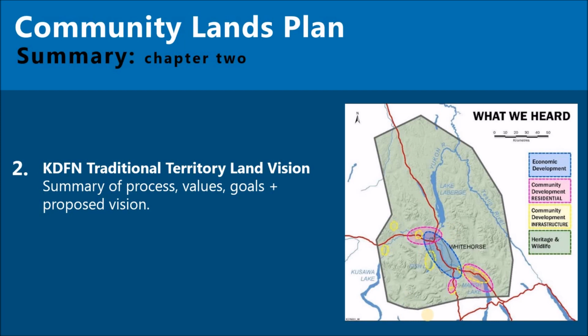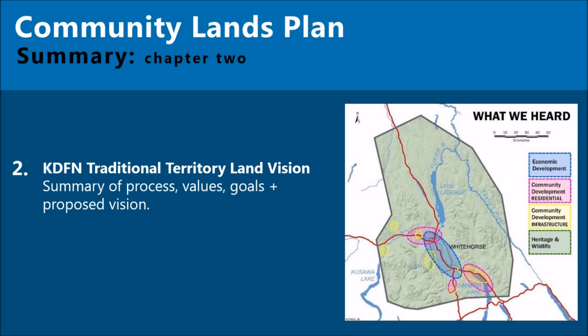So those things would be lands for culture camps, lands for general assembly sites, campgrounds, various things like that. So this really provides kind of a high-level direction for Kwalendon's traditional territory.